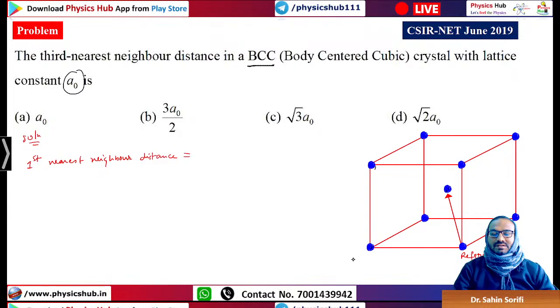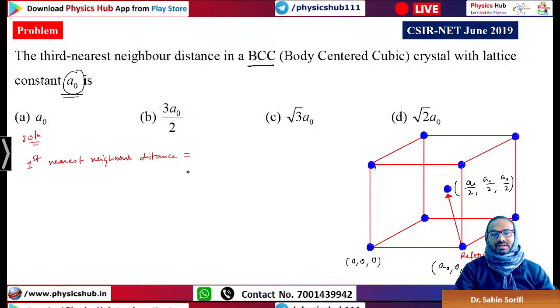So if you consider, let's say, this is 0 0 0, then this one will be a naught 0 0, because the lattice constant is given as a naught. So what will be the coordinates of this? Coordinates of this will be a naught by 2, a naught by 2, a naught by 2, right?